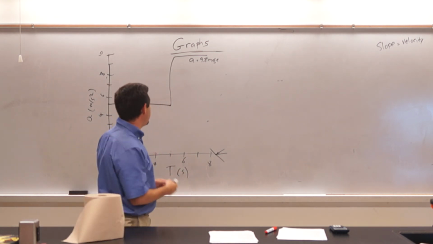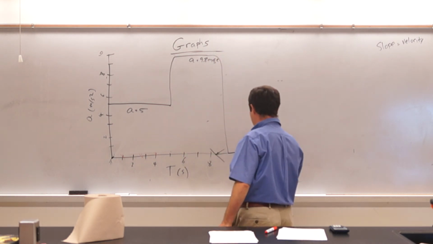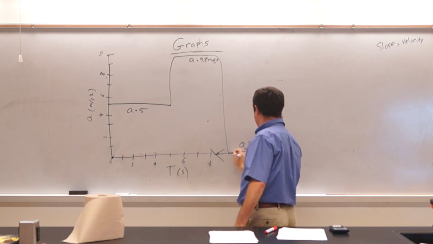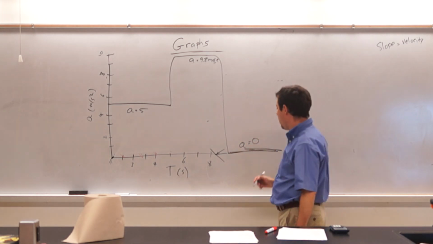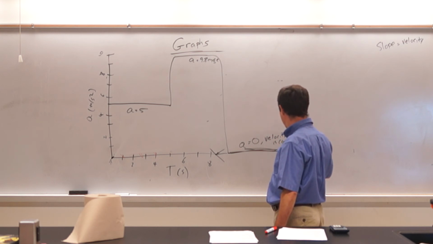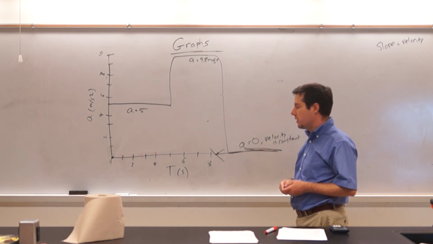Or sometimes you might even have an acceleration that's 0. So if we come down here, acceleration is 0. And if acceleration is 0, that means velocity is constant. And constant velocity is nice and makes problems a lot easier.